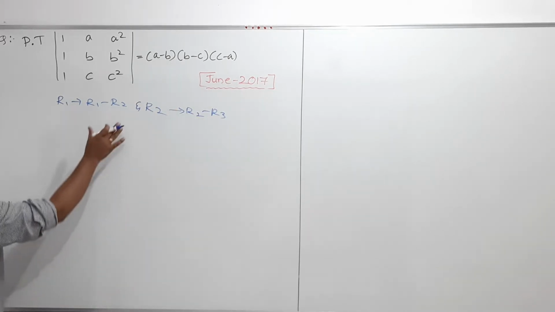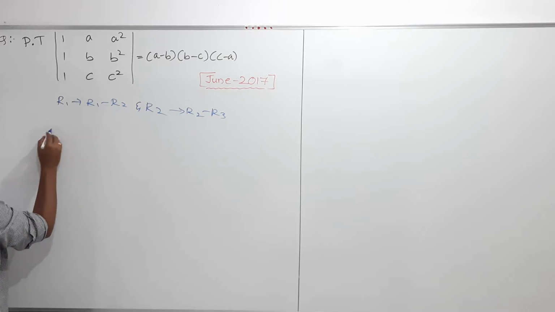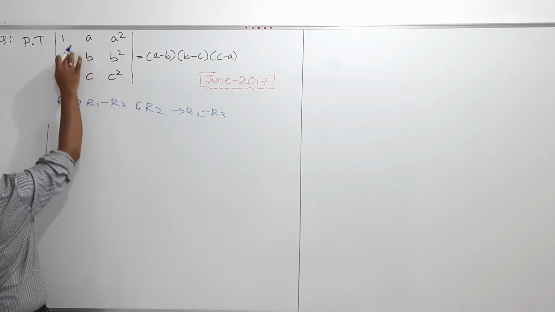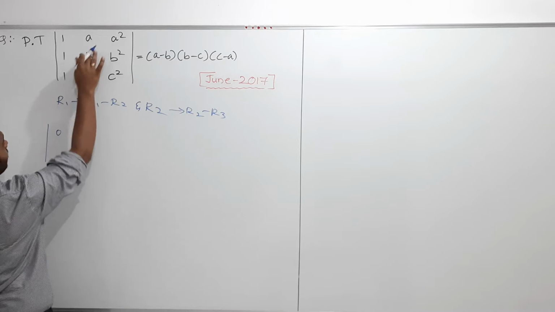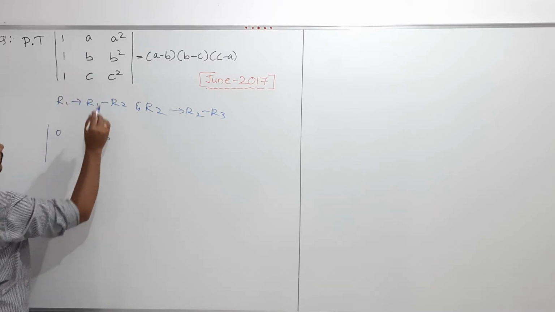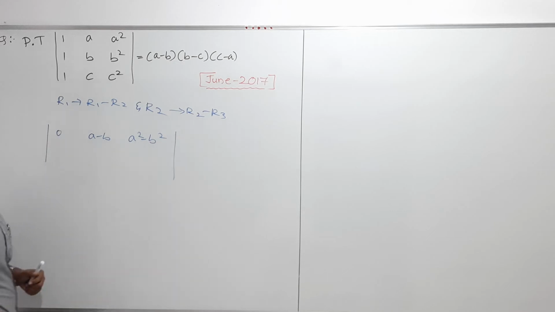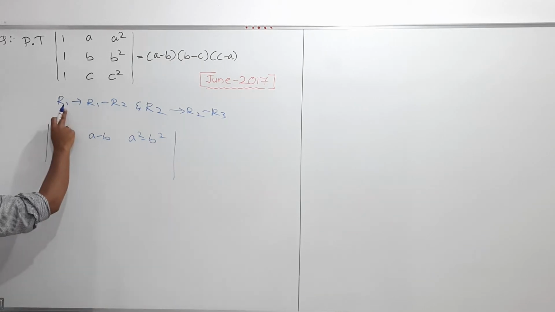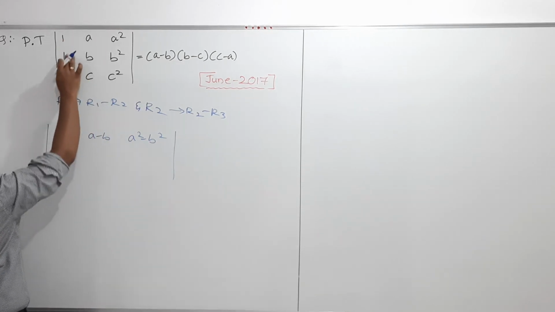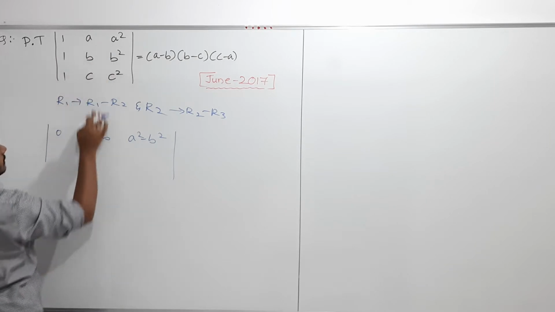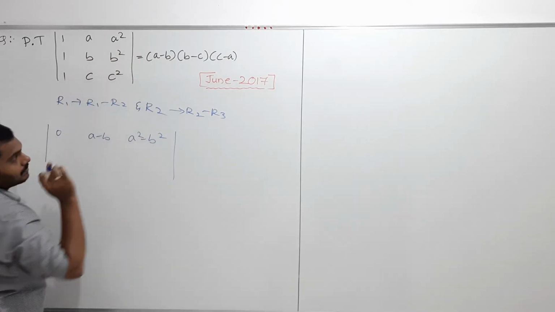Now apply these operations. R1 changes to R1 minus R2: this element minus this element gives 0, a minus b, a square minus b square.